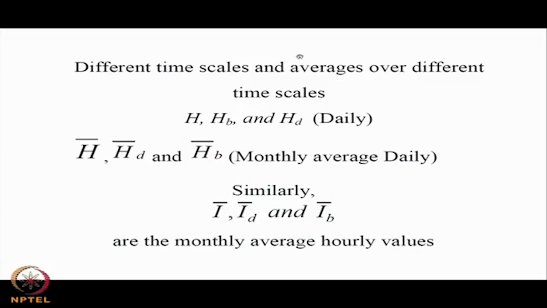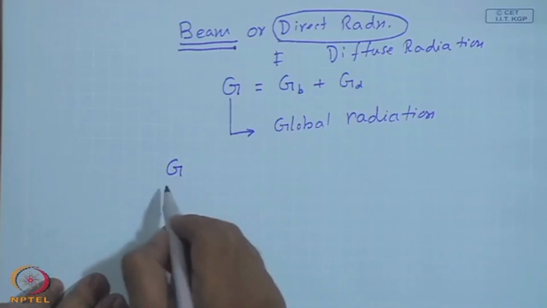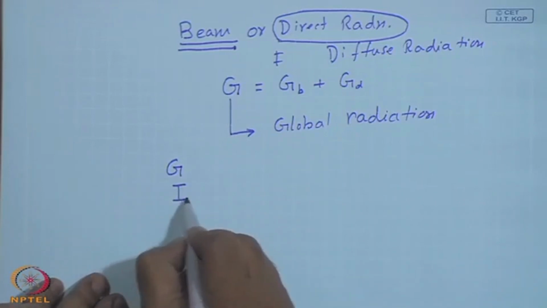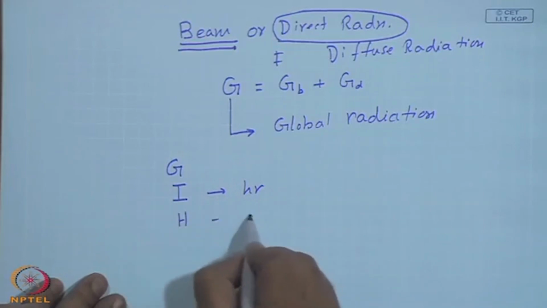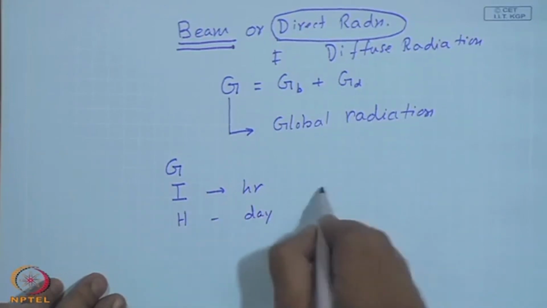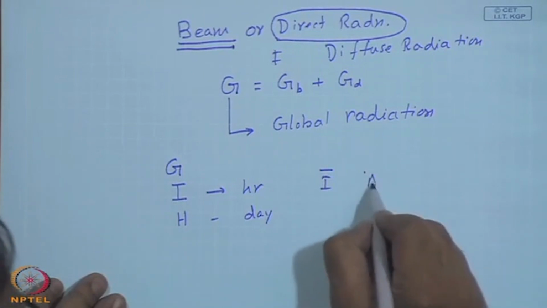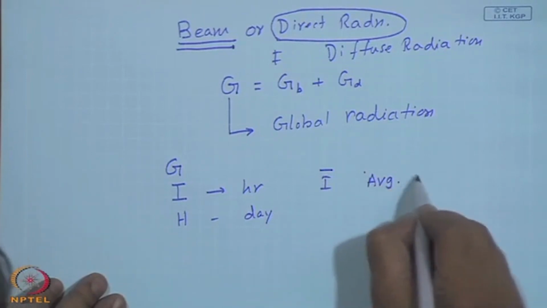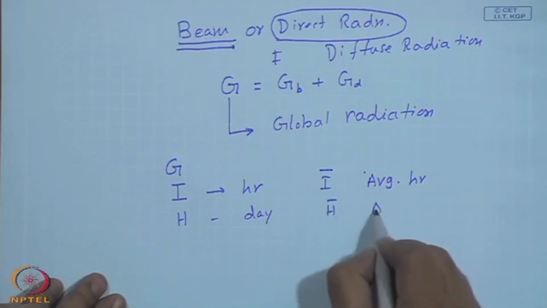Now, if G is the intensity, then I can choose different time scales: I for an hour, H for a day, and I bar for an average hour, which I will define a little later, and H bar for an average day.